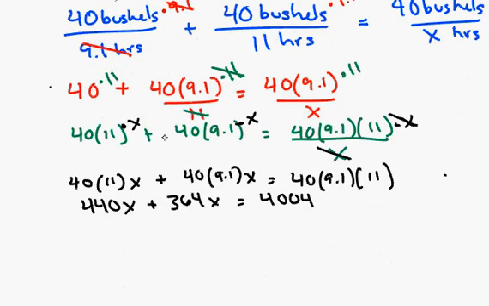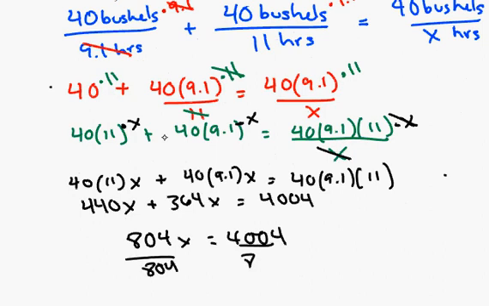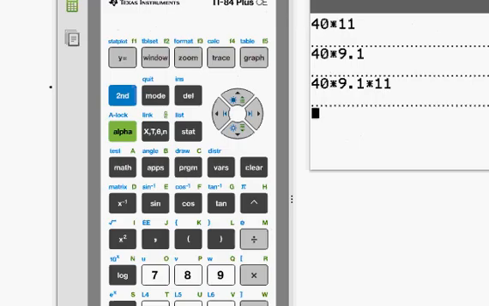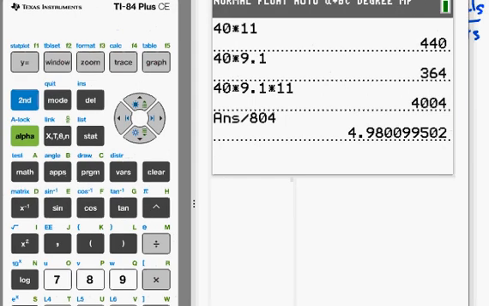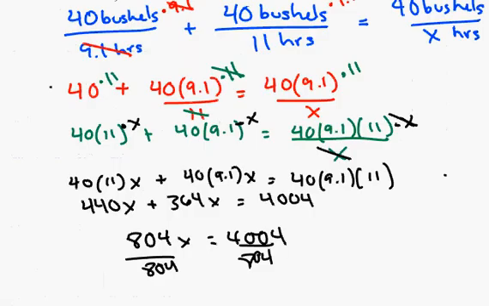We have to add these, that's 804x equals 4,004. Divide by 804, and you see 4.98, and that's the number of hours it takes them to do it together.